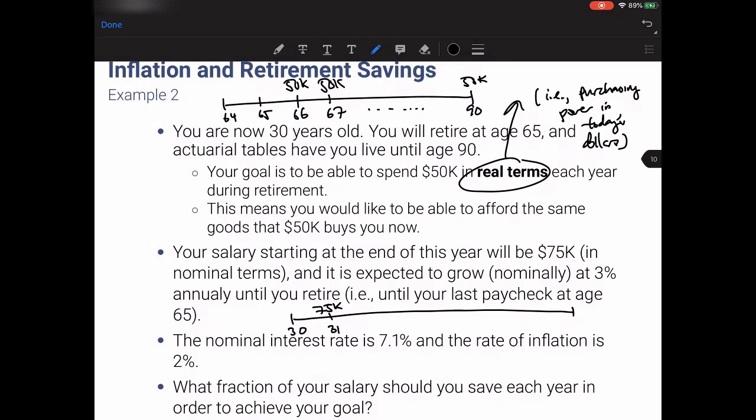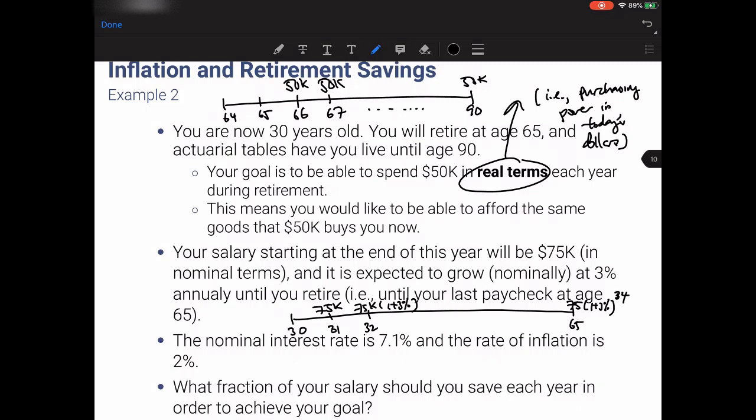At age 32, I will make 75K, but it's going to increase at a 3% per annum rate, right? And we're going to keep earning 3% every year, so it's compounded all the way up until age 65, at which we will earn 75 times 1 plus 3% to the power of 34, 34 times compounded.